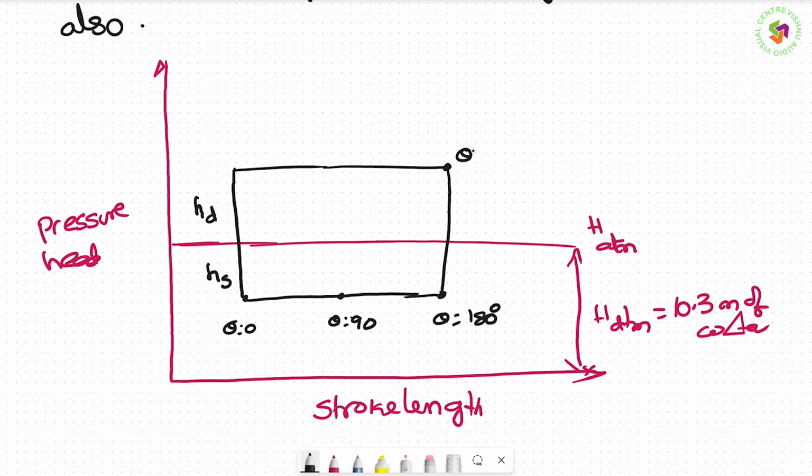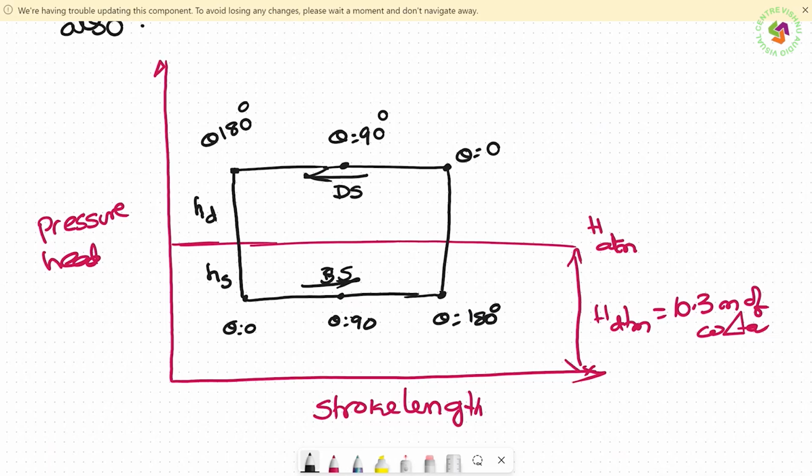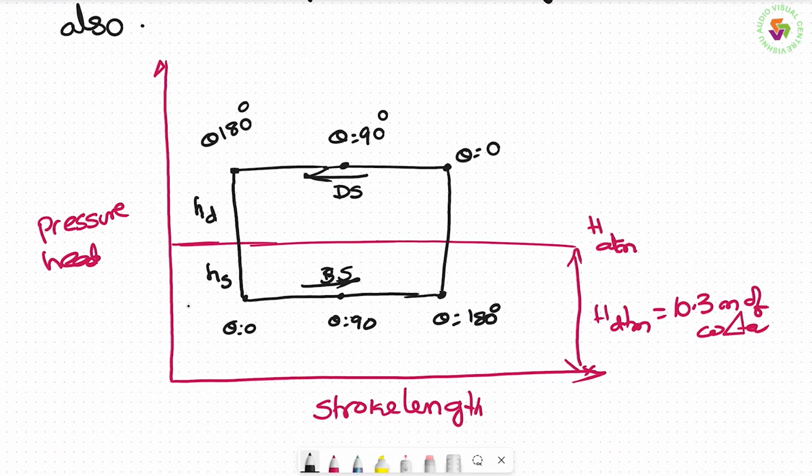Again, theta is equal to 0, theta is equal to 90, theta is equal to 180. This is the suction stroke, this is the delivery stroke, and this suction head is always less than this. This is the negative head actually, negative pressure head.